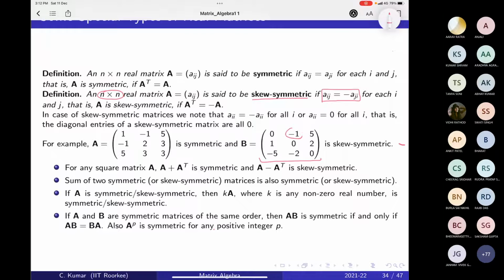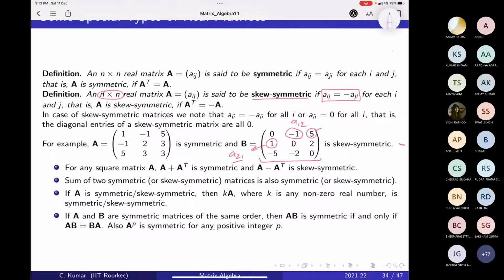For example, this is element A12, and if you take the negative of this, you get A21. So A21 is equal to minus of A12, or you can say that A12 is equal to minus of A21.